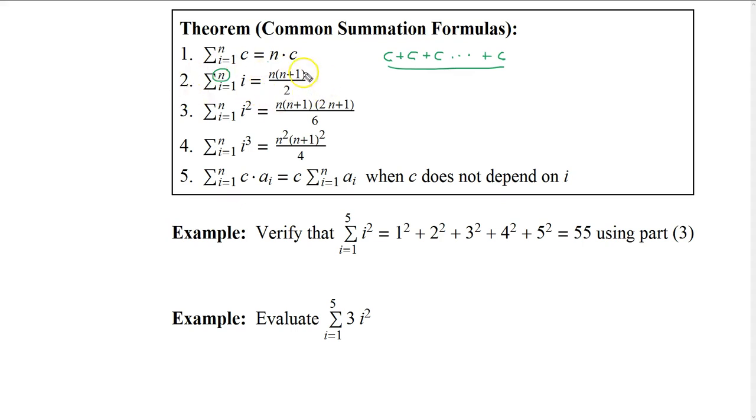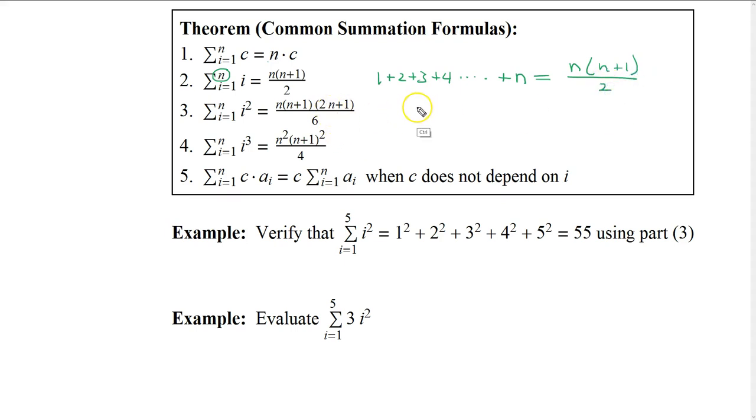So that's what this formula right here is telling us. So written differently, it's telling us that 1 plus 2 plus 3 plus 4 all the way out to wherever we end at, the number n, is just n times n plus 1 divided by 2.